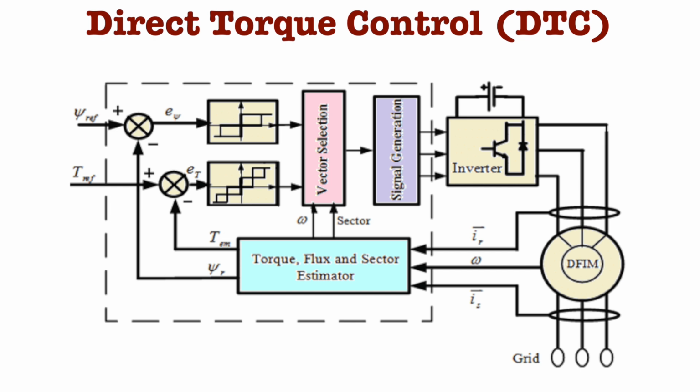So, DTC makes the speed control simpler because it does not need pulse width modulators, making it easier to set up than the previous one, that is vector control. However, it also has some challenges: it can cause more torque fluctuations and the frequency of switching can vary, which might disrupt the smooth running of the drive.